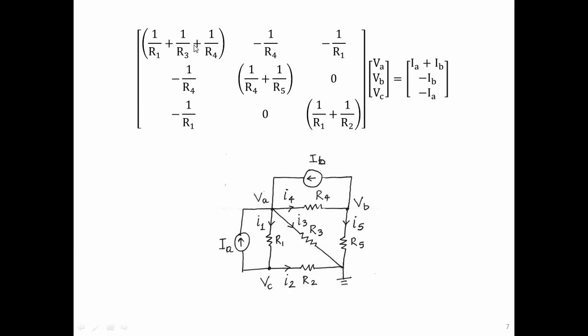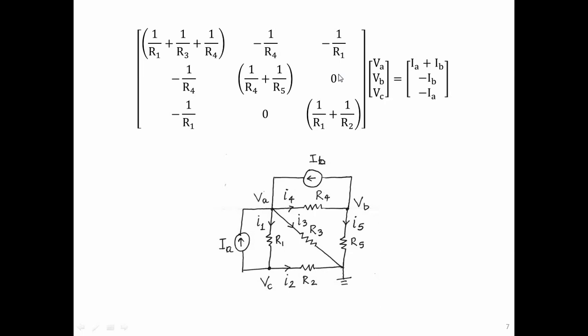First of all, the diagonal elements are positive. All the non-diagonal elements are either negative or 0. Number 2, the matrix is symmetric. So this entry is the same as this entry, and this entry is the same as this entry.